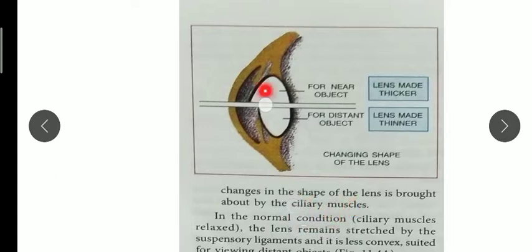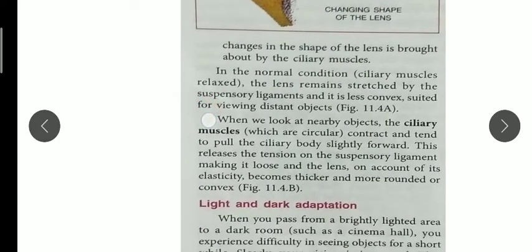We all know this lens is supported by the ciliary muscles or suspensory ligaments. So the ciliary muscle contracts in some cases. For a near object it contracts, and for a distant object it relaxes. In the normal condition, the ciliary muscle is relaxed when we are looking at the object.